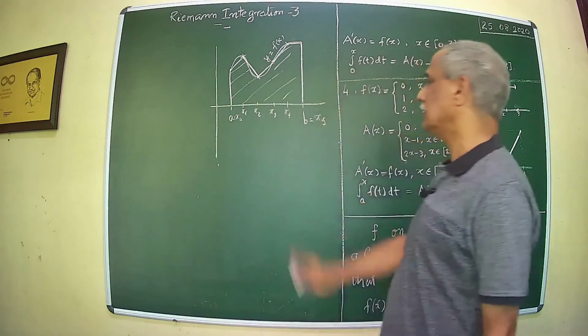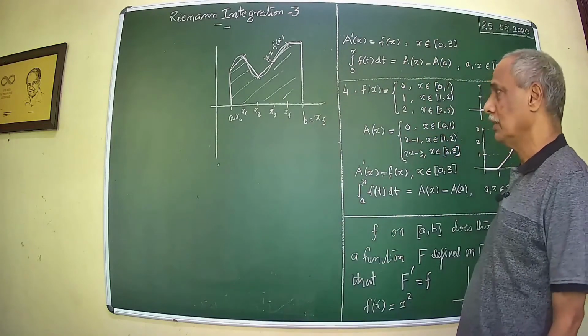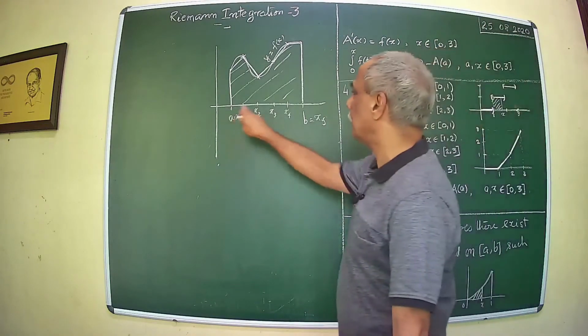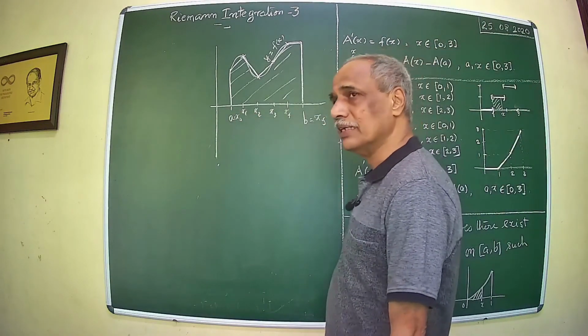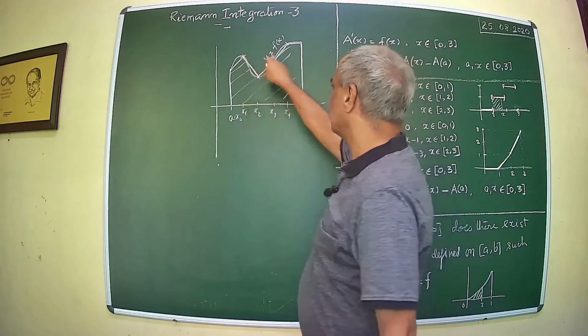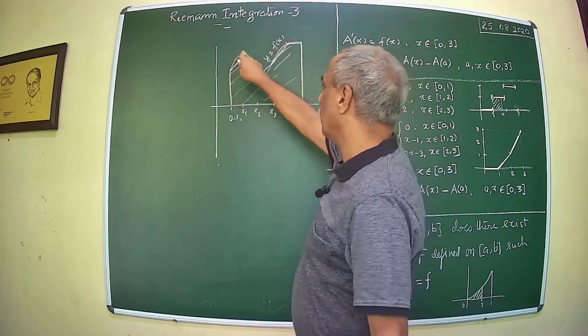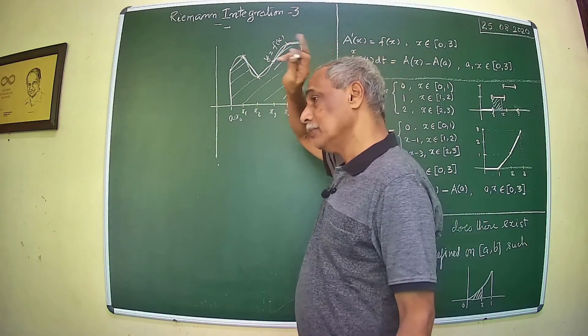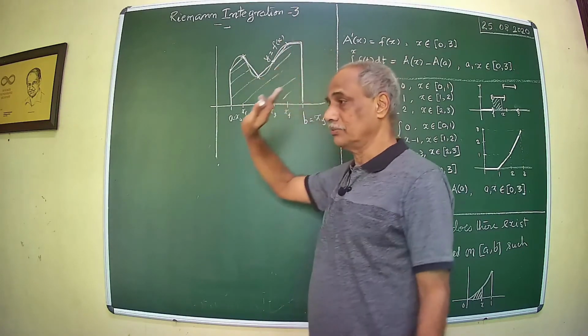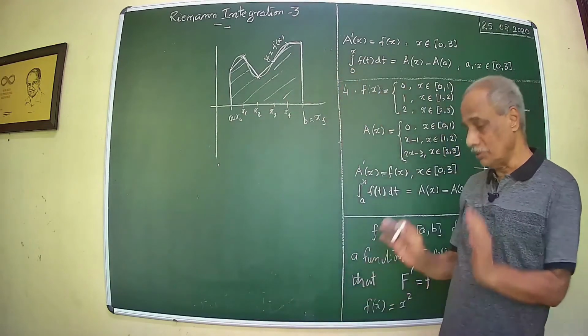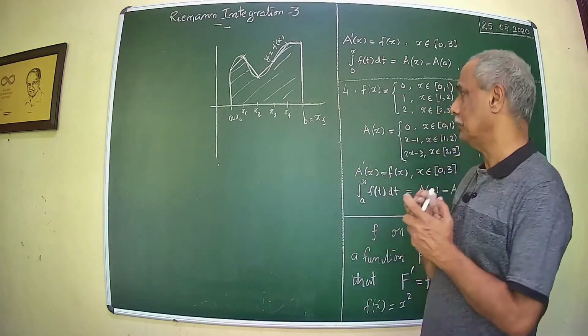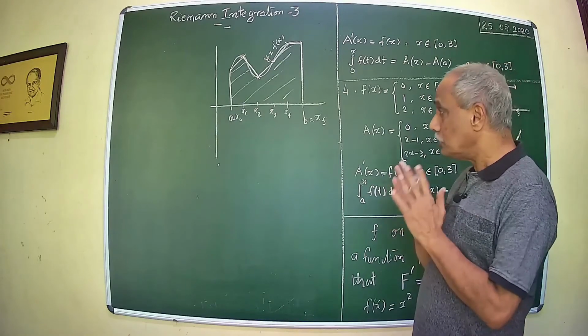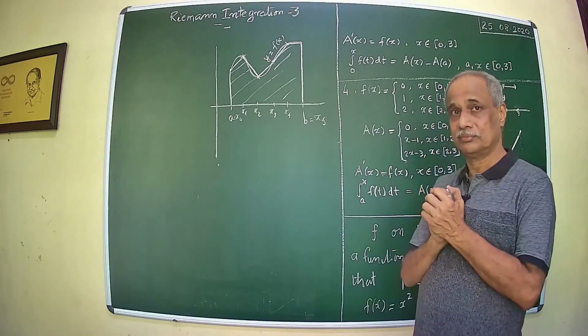So that's a partition of the interval. Conversely, if you choose a partition of the interval, then you can induce certain points and work out an approximation of the curve by a piecewise linear curve. So that is possible.